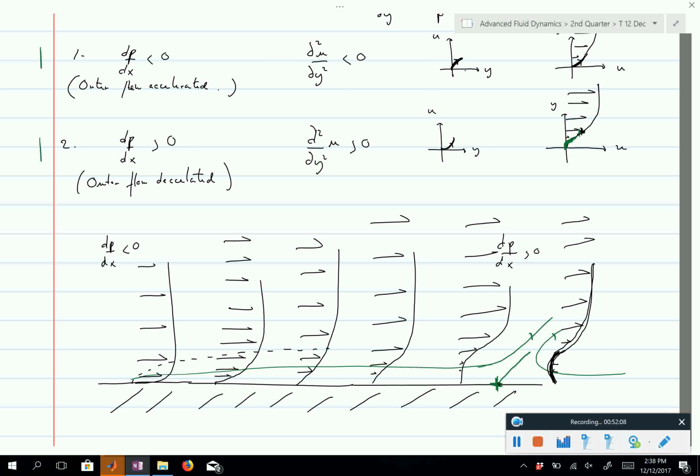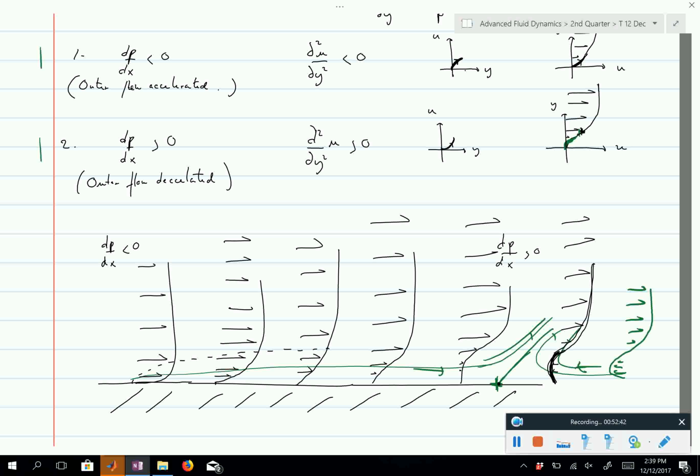And you would have something like this. Yeah? So now if you follow where the flow is coming from, that actually tells you that you have a separation point. A simple argument on mass conservation tells you that you have a separation point. You have mass flowing in here, and you have mass coming in here. The only way you can satisfy mass conservation is if you have a detachment of your boundary layer. At that point you have separation.